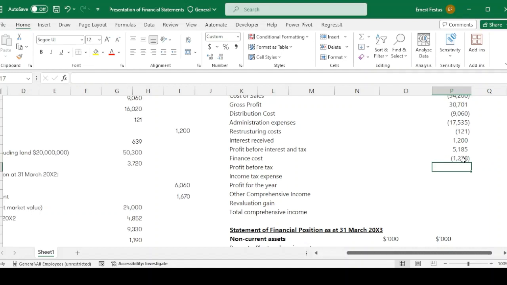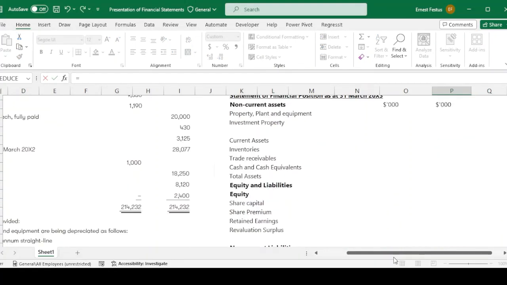Then when I add these two together, so I'm going to have equals this plus this together, and that is what we call the profit before tax. So this is our profit before interest and tax. We have less our finance cost or the interest, and so we have our profit before tax, and then we are going to less our income expense, and that is from our question.